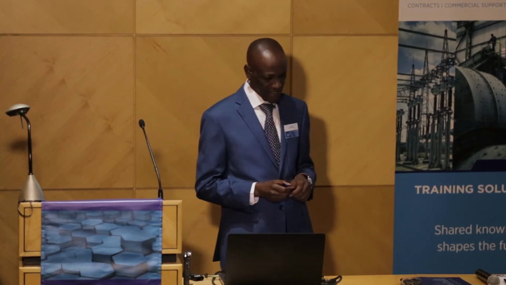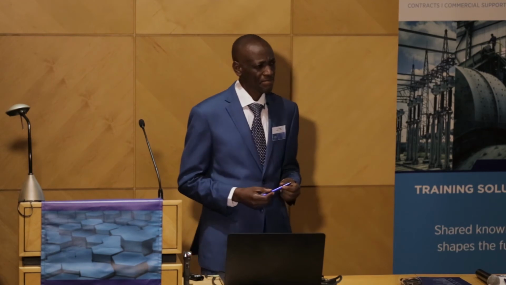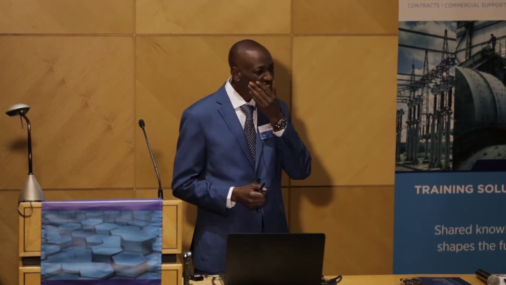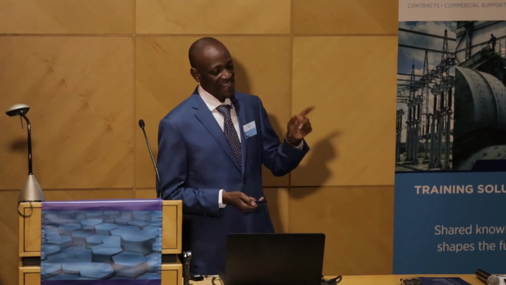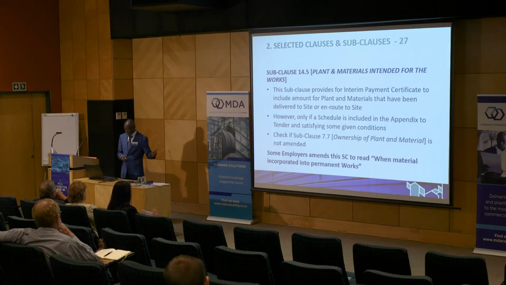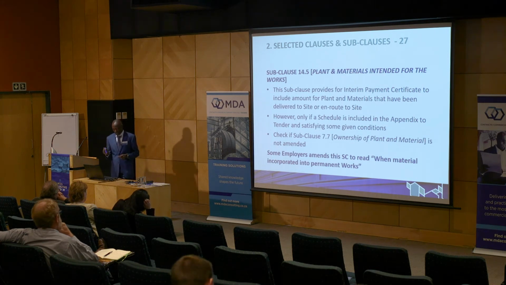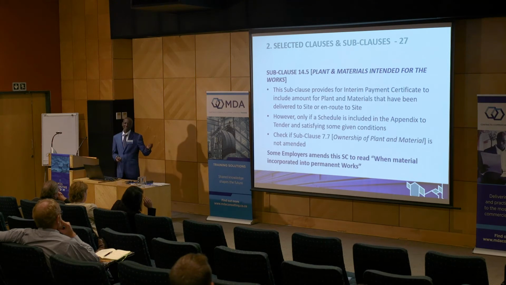Now, I've also seen some employers, even if they know that they're supposed to include plant and material, amend subclause 7.5 and 7.8, which deal with ownership of plant and material.